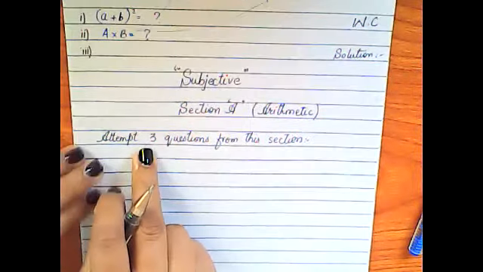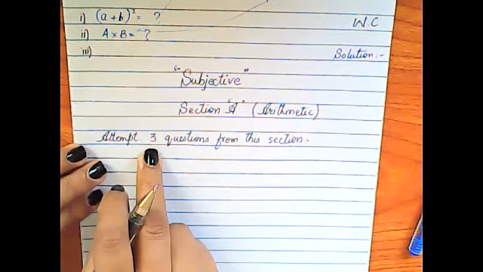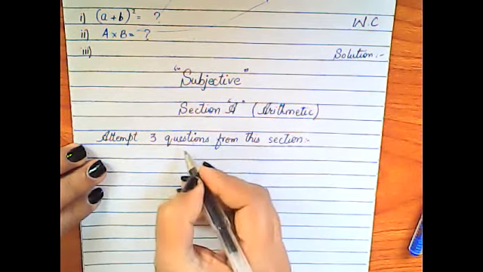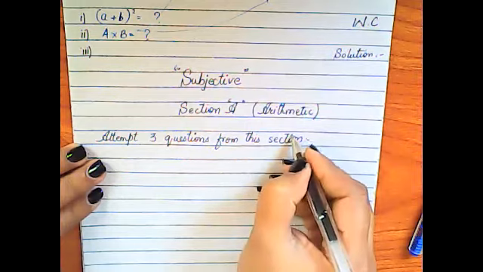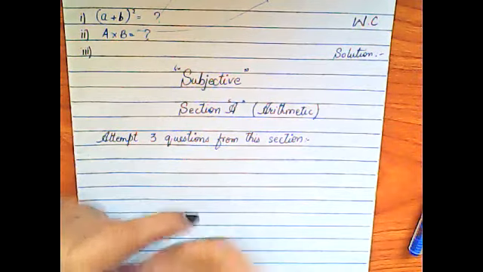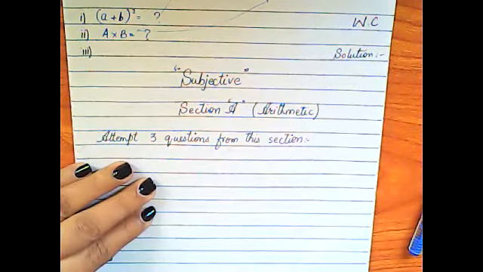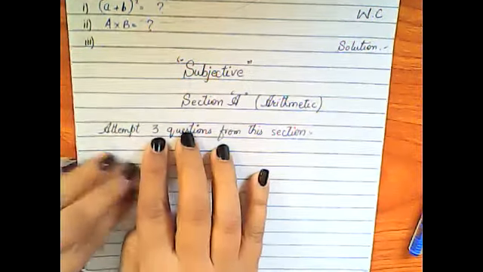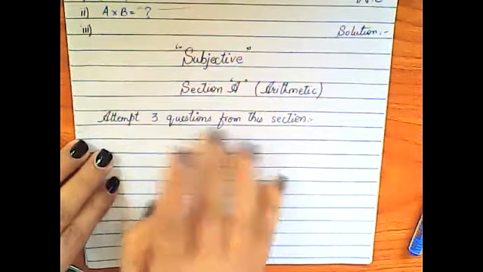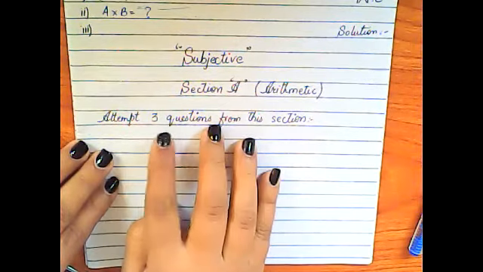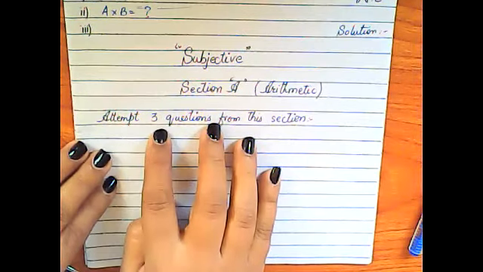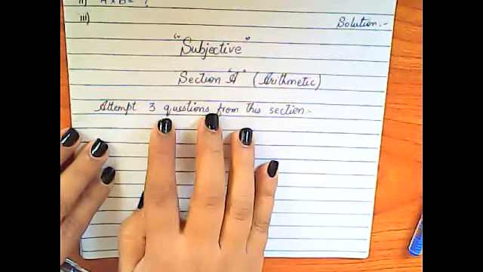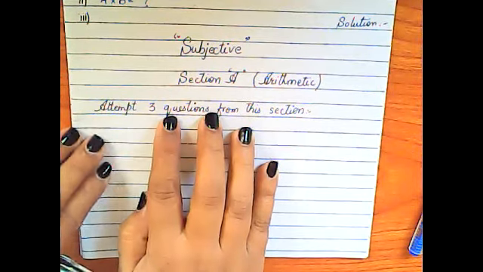Maybe you have to attempt four questions or five questions. I'm not saying that you have to attempt three questions only. I'm just giving you the example that you may have to attempt three, four, or five questions. It depends on your question paper. So if you are going to attempt three questions, how will you attempt?